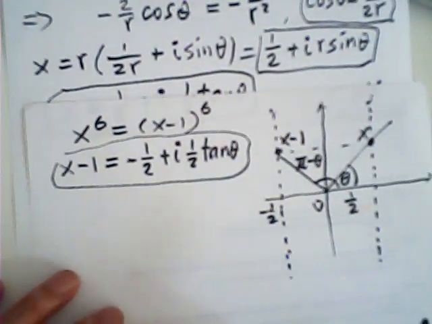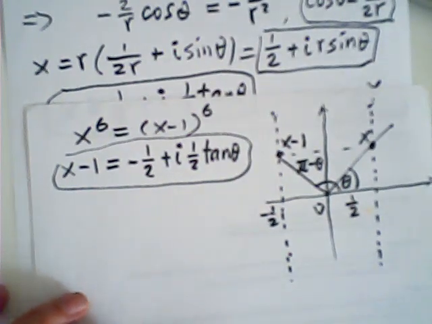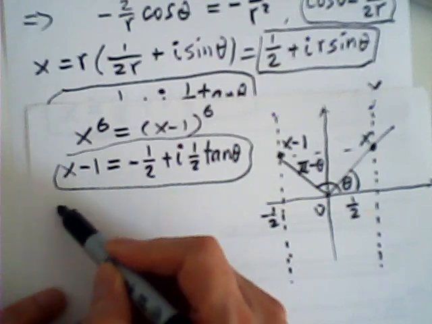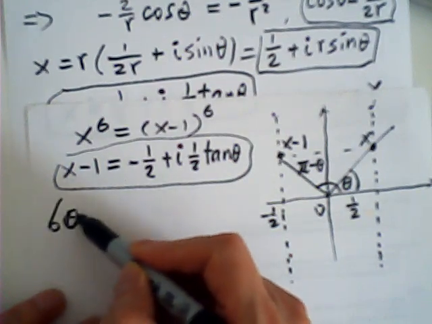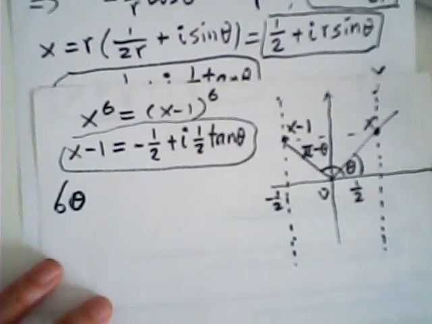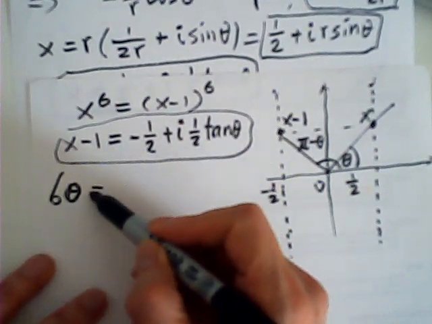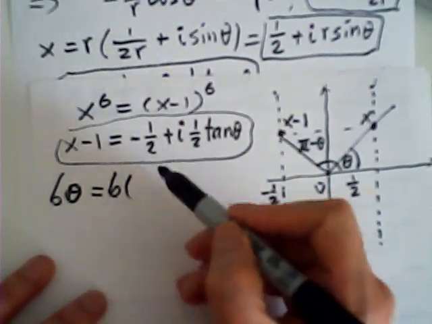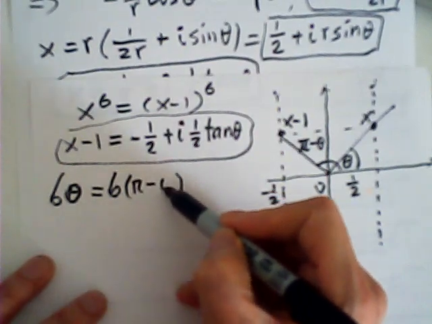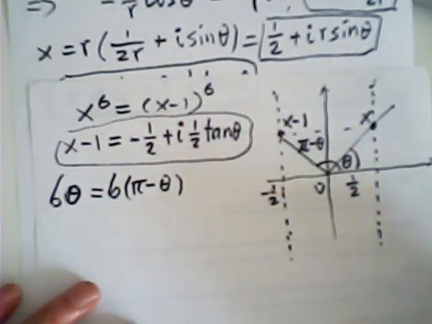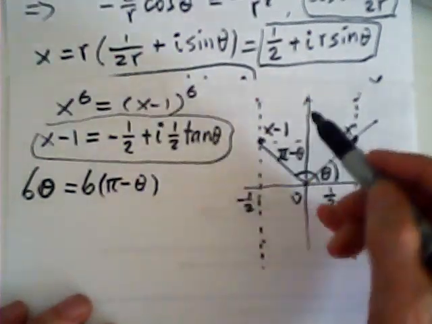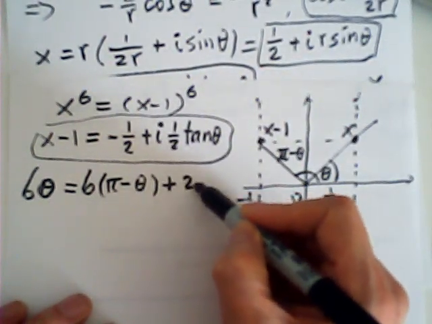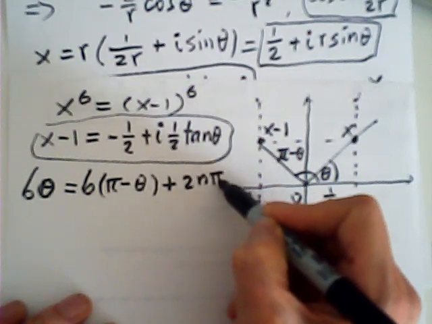So we get the information saying that 6 times this argument is equal to 6 times this argument. This argument is pi minus theta. Of course, the angle could be adding a multiple of 2 pi, right?